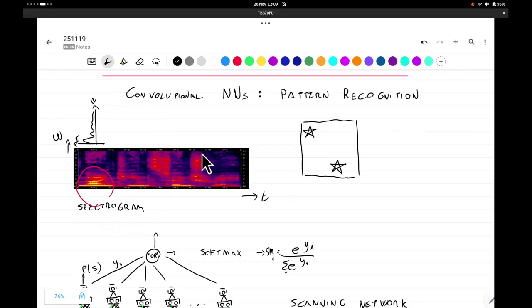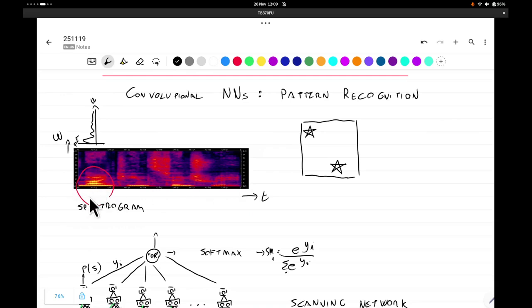And specifically, people were interested in finding speech patterns. So what you see here is called a spectrogram. One is recording the sound, some speech. As a function of time, you would have spectra in frequency, right?